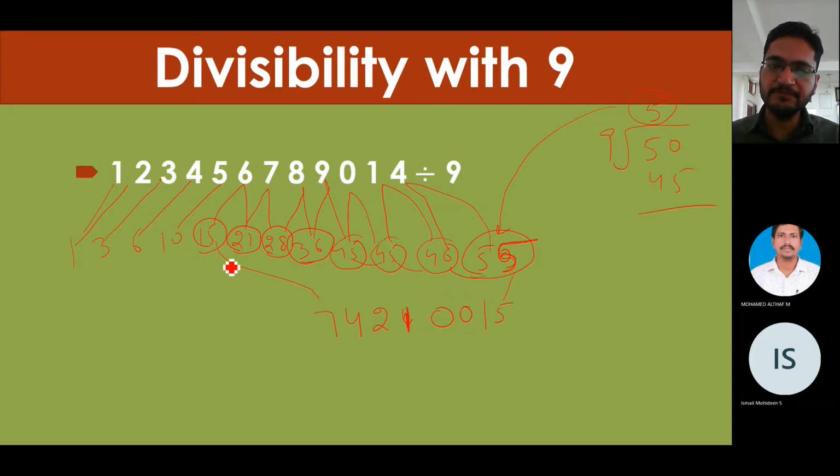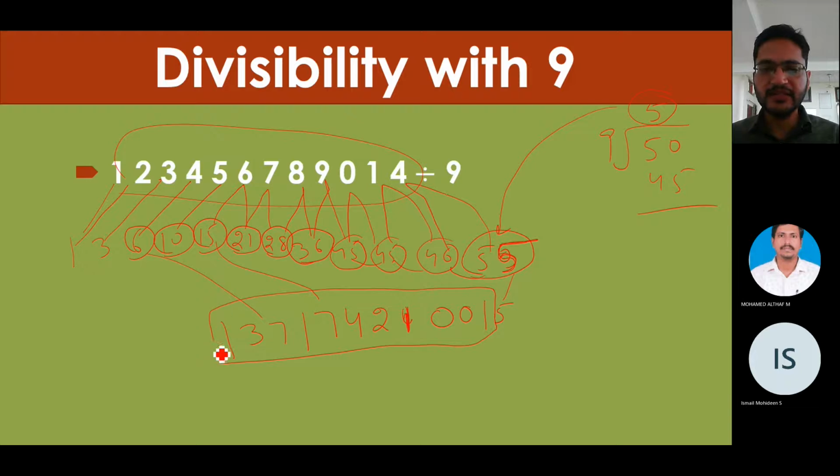I will write here 7. 10 plus 1, that is 11. 1, 7, 3, 1. So when we will divide this number with 9, this is the quotient, and the last digit will be the remainder. So this is the divisibility rule with 9.